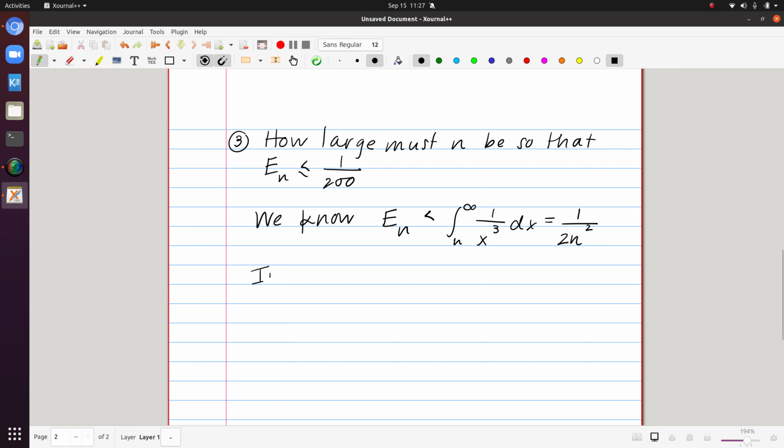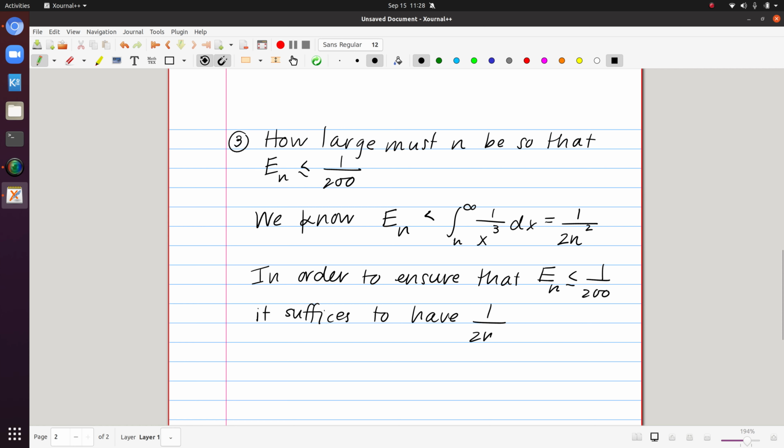In order to ensure that E sub n is in fact bounded above by 1 over 200, note that it suffices to have the situation in which 1 over 2n squared is bounded above by 1 over 200.